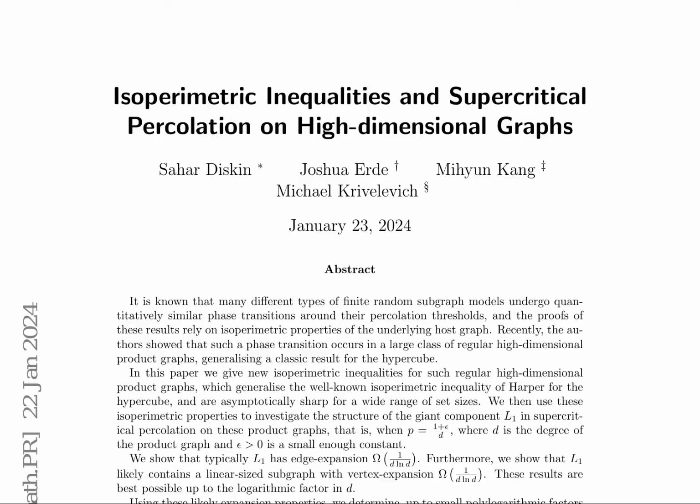The proof of Theorem 2 also leverages the entropy function, bounding the entropy of suitable projections of a random vector in the product space in terms of the edge boundary of a subset in a fixed direction. Shearer's inequality is then applied to combine these individual bounds into a bound for the edge boundary in terms of the subset size. The results on typical expansion properties of the giant component L1 are established by combining the almost tight isoperimetric inequality with good bounds on the number of connected subsets of the graph.